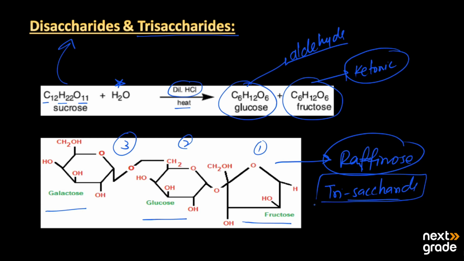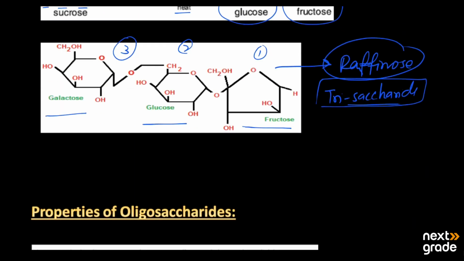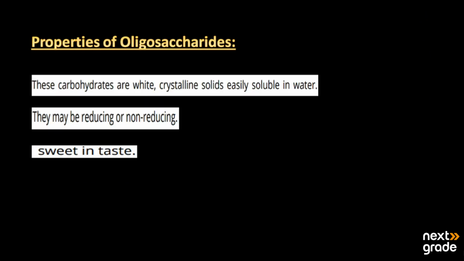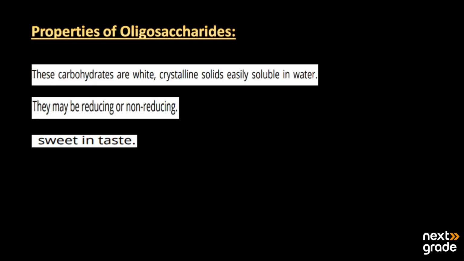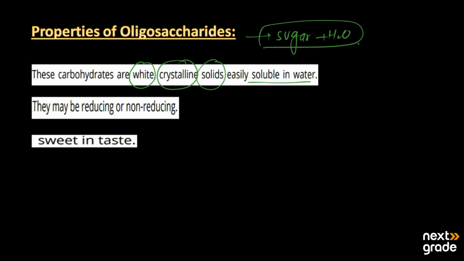On the other hand, we have the properties of the oligosaccharides. What are the main properties? These carbohydrates are mainly white in color, crystalline solids, and easily soluble in water. Likewise, we have sugar in our daily life; when we add some water to it, it gets dissolved easily.